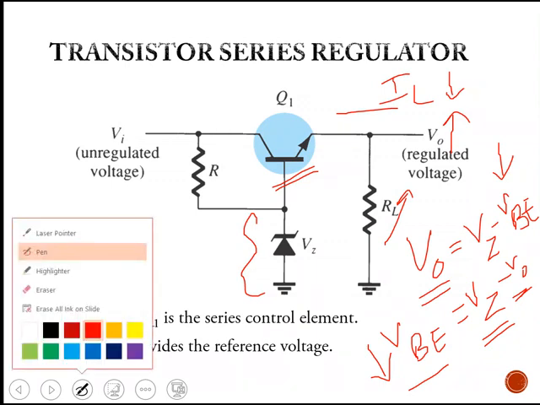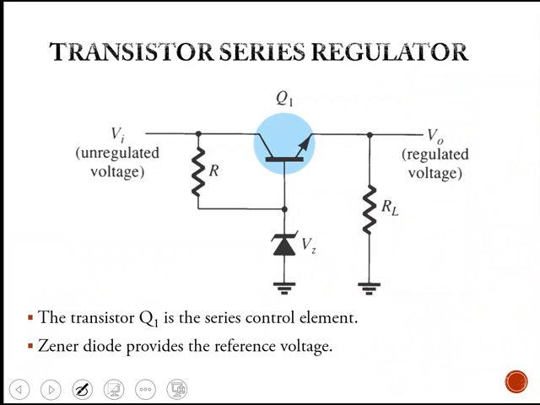So if the load resistance is increased, V0 increases. If this V0 increases, then the voltage which is required for this transistor conduction will reduce, which in turn reduces the load current, and it will try to reduce the output voltage, thereby maintaining the output voltage constant.